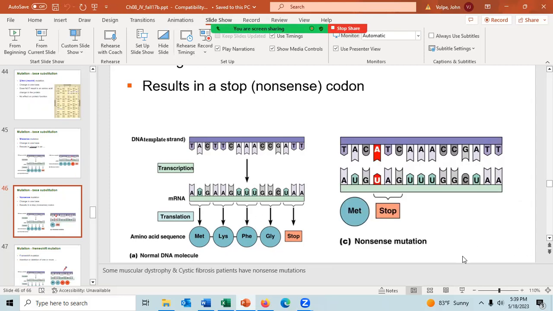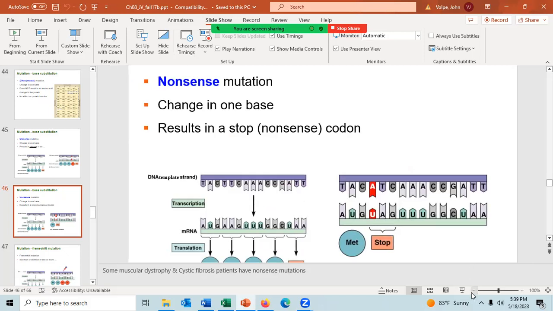All right. A nonsense mutation is a change in a nucleotide in the DNA, which results in a stop codon in the messenger RNA, so that it's a stop codon in the protein.